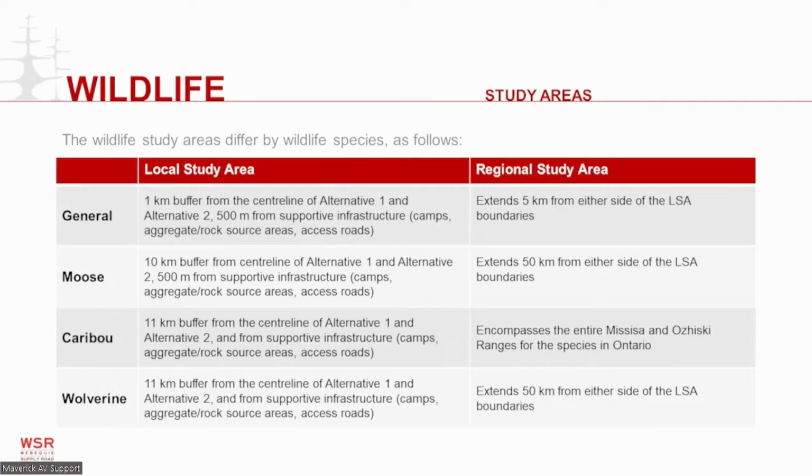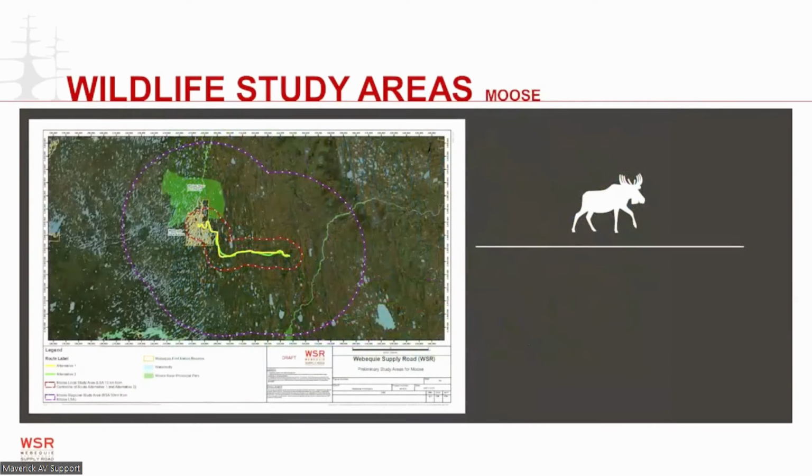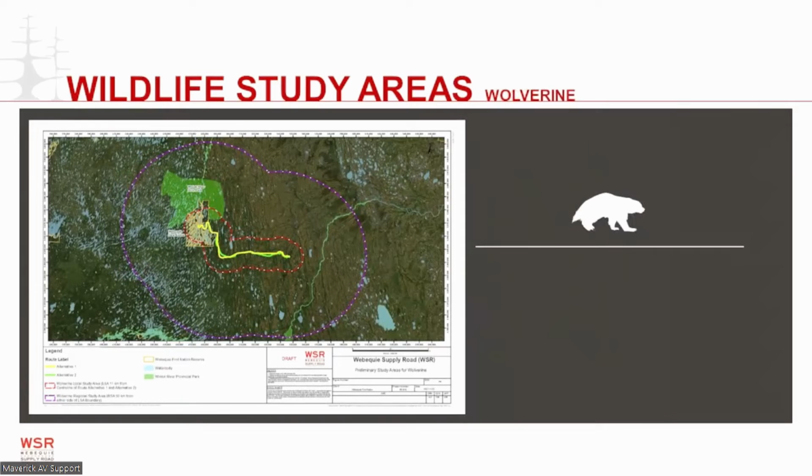Let's have a look now at what that means in terms of maps. These next few maps will illustrate the different types of study areas I just discussed. This first one is the general study areas that I was talking about. The next slide shows the different local and regional study areas for moose. And then after that, we have the wildlife study areas for wolverine.